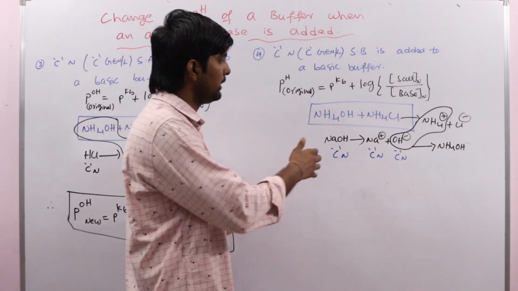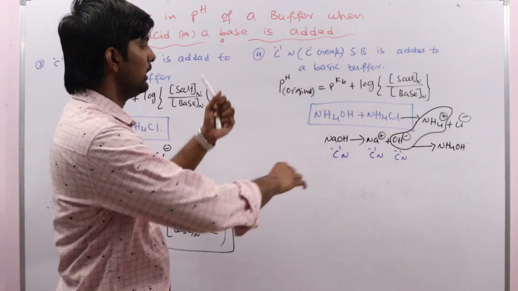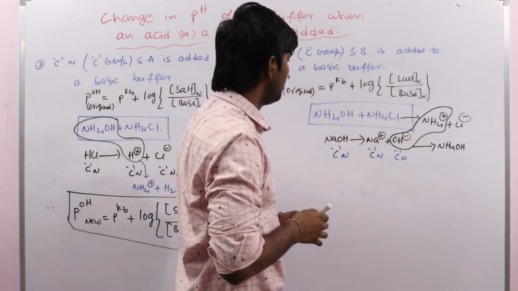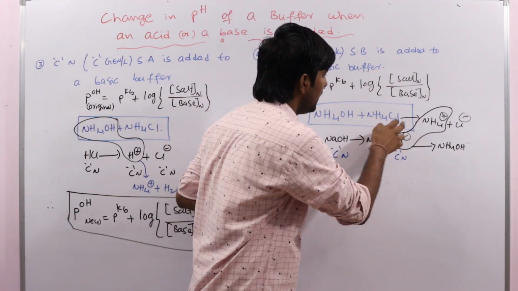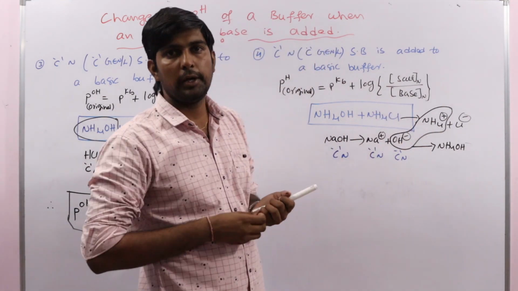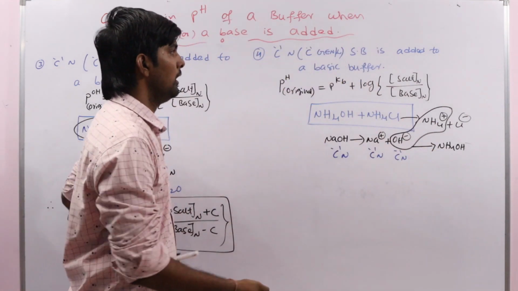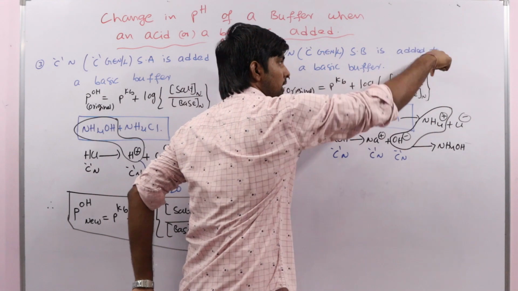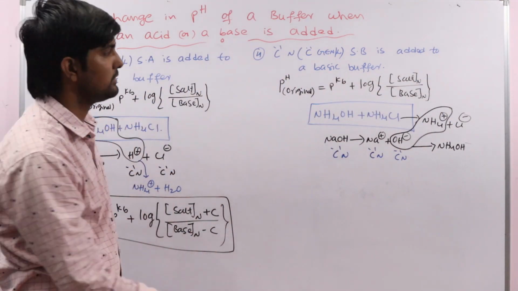So what is happening here? When strong base is added to the basic buffer, base does not react with the base, so hydroxide ions coming from the base react with the NH4+ ions. That's why a new base is formed. Yes or no? So now salt concentration decreases and base concentration increases, because base is formed here.